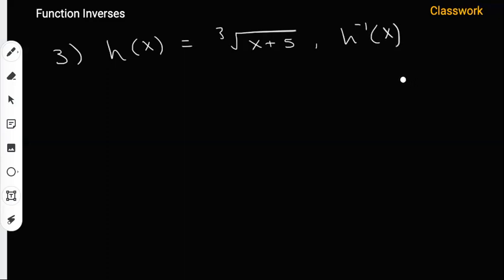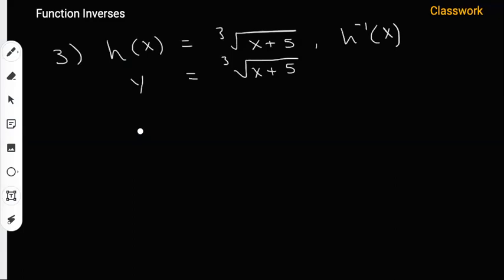Well, this is a cube root function, and it does have an inverse. We'll see that later. I'm going to replace the h of x with a y first, but I'm going to keep this side the same.